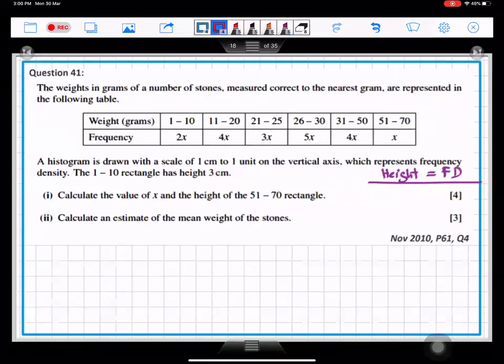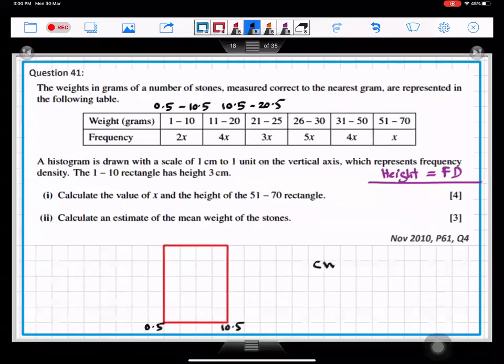Now let me draw a bar. This is 1 to 10, first of all. This will become 0.5 to 10.5, and 10.5 to 20.5 and so on. So the first thing was changing into boundaries. This is 0.5, this is 10.5. The class width is 10.